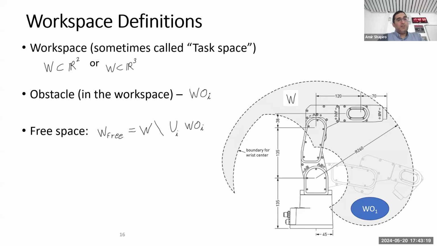So we have each obstacle, and the union of all the obstacles is the places where the robot cannot be. You can see here, this is the workspace of this robotic arm, and this is some kind of workspace obstacle. There is something there that the robot cannot hit.